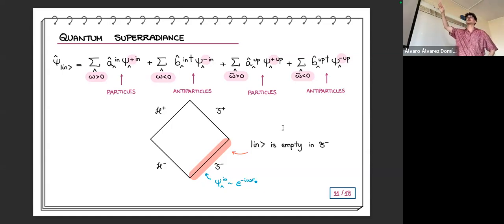And this is the expression that I have. Note that the pluses are related to particles and the negatives are related to antiparticles. Positive omega or positive omega tilde are related to particles. Negative omega or omega tilde are related to antiparticles. Okay, and that's how I construct my quantum theory.